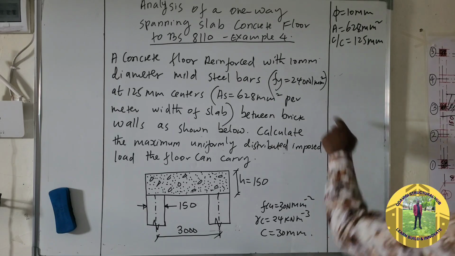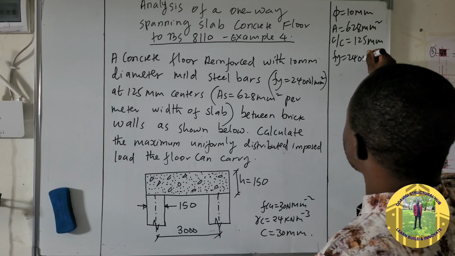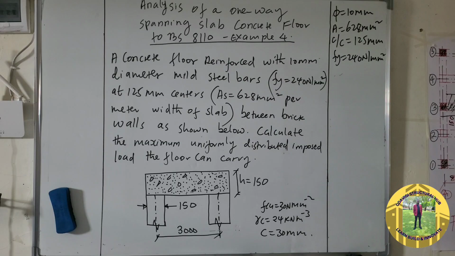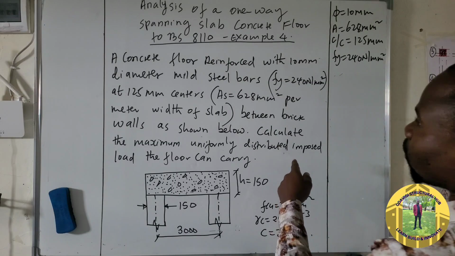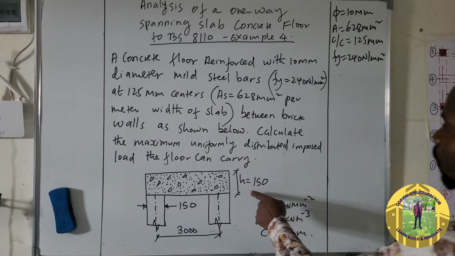Fy is 240 Newton per millimeter square, and then the thickness of the slab is 150.